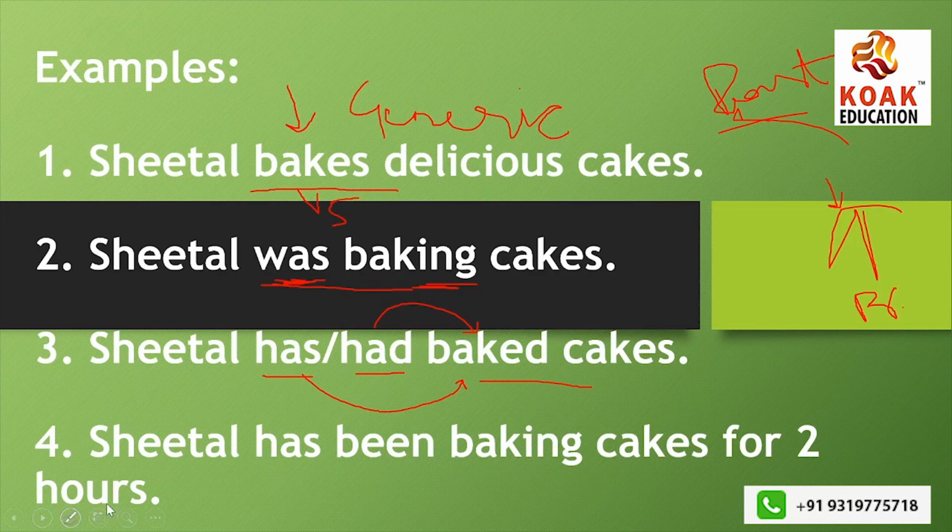Now, the next one is Sheetal has been baking cakes for 2 hours. When I say Sheetal has been baking cakes for 2 hours, what do I mean? I told you already with the timeline.